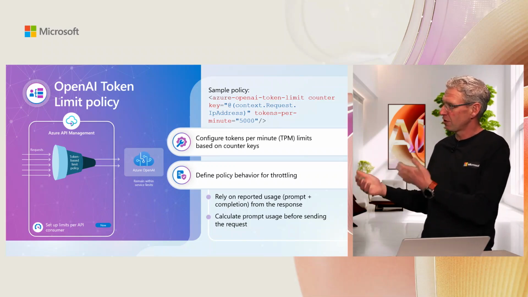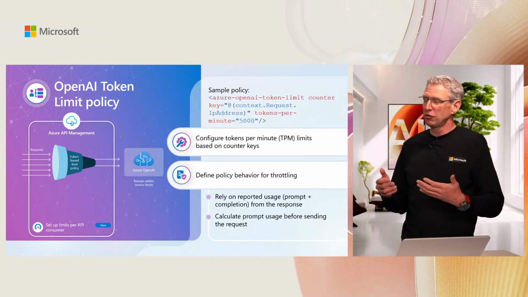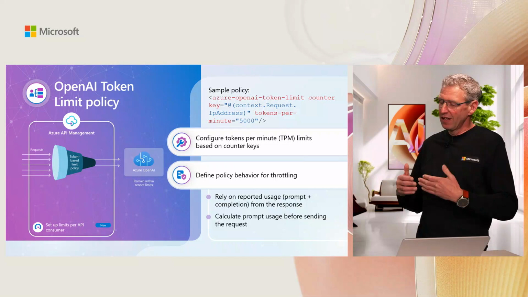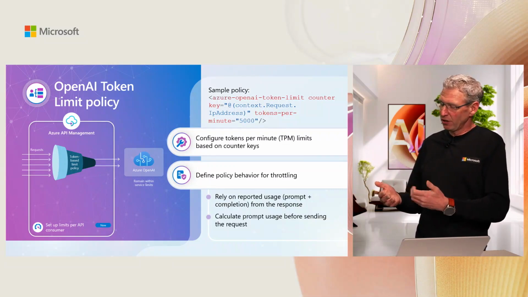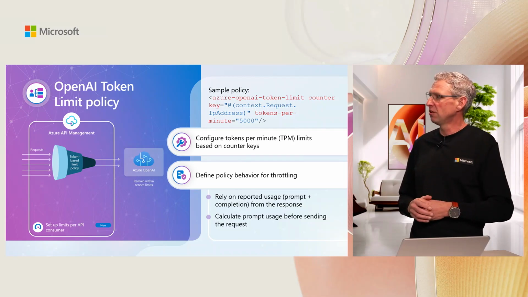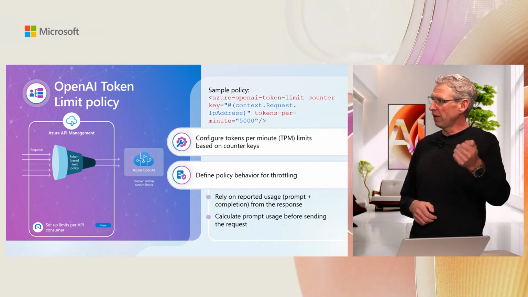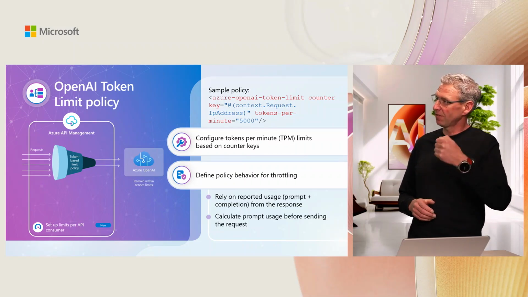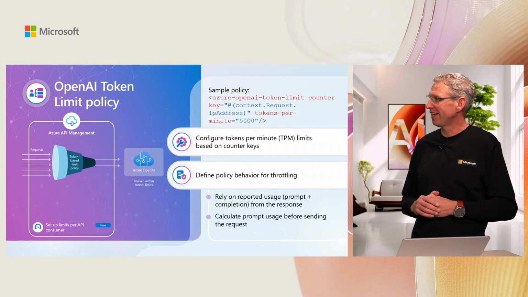Tokens cost money, and you don't have an unlimited set of tokens available per model deployment. With the AI gateway, you can give a certain amount of tokens to an application, and in that way control the usage that the team is consuming from your shared AI models.